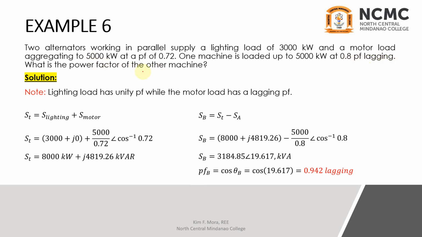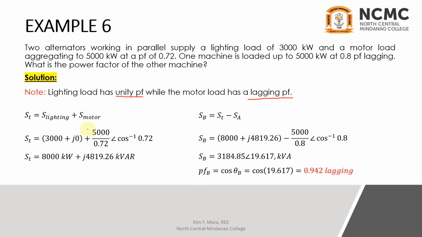What is the power factor of the other machine? So there are two machines and two loads. One is the lighting load, the other is the motor load. Take note that the lighting load has a power factor of unity, while the power factor of the motor load is lagging. Okay?